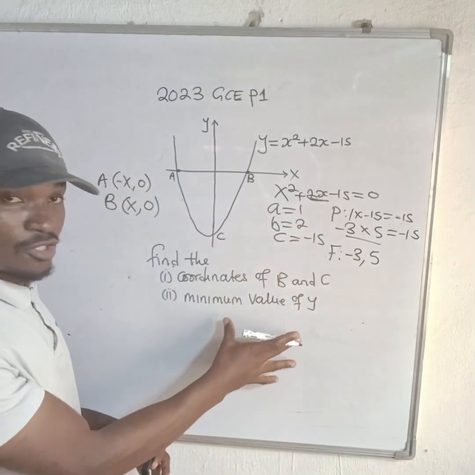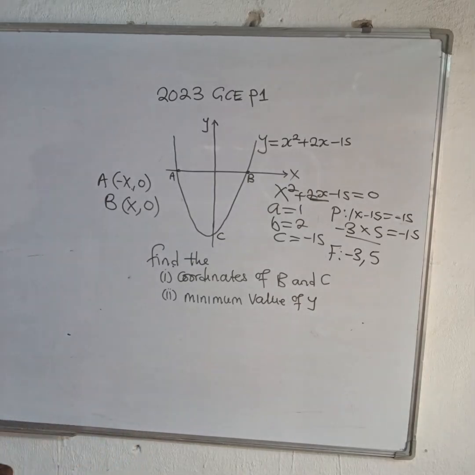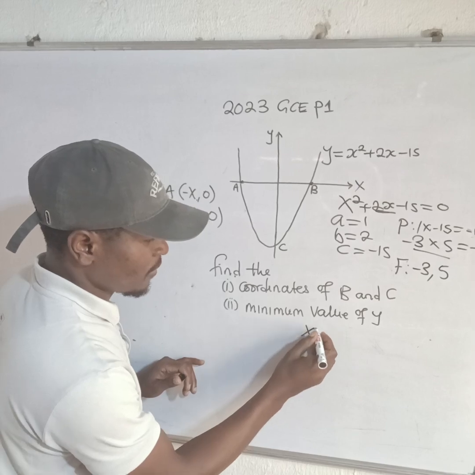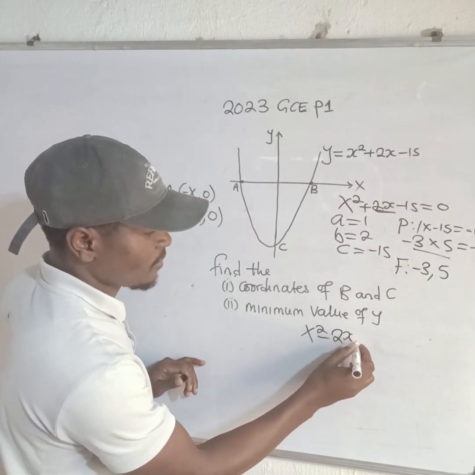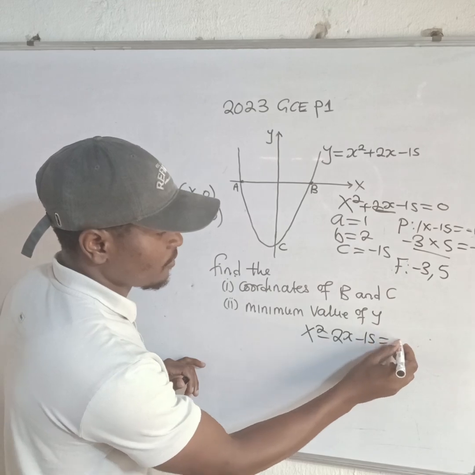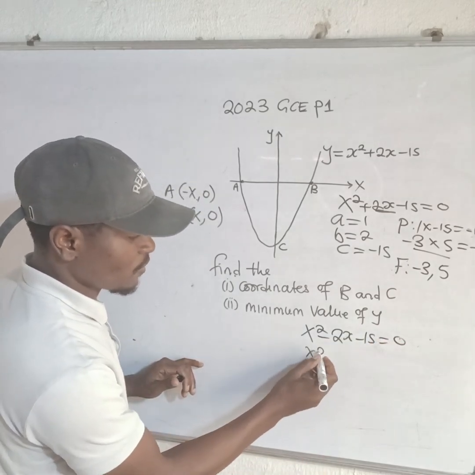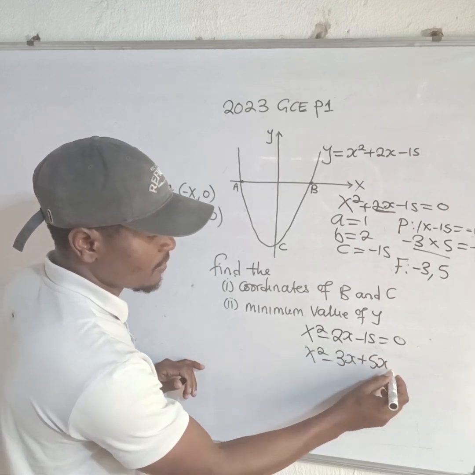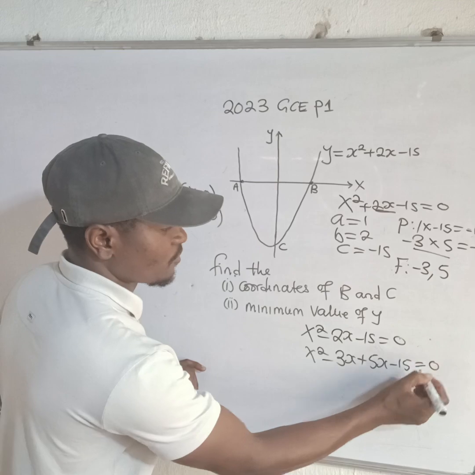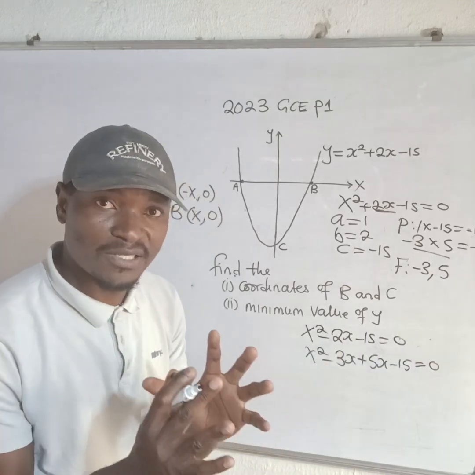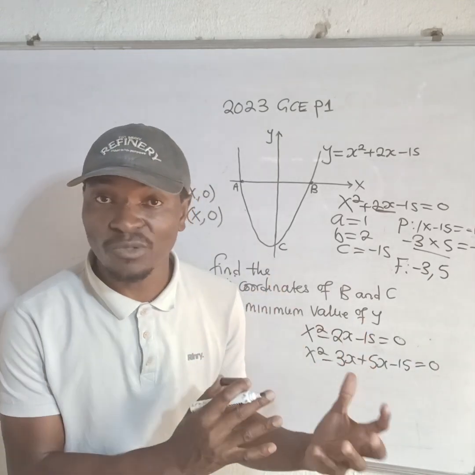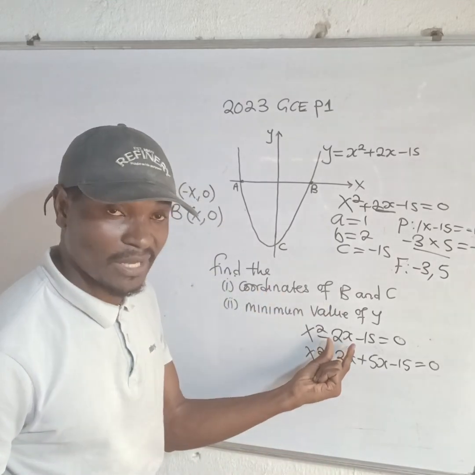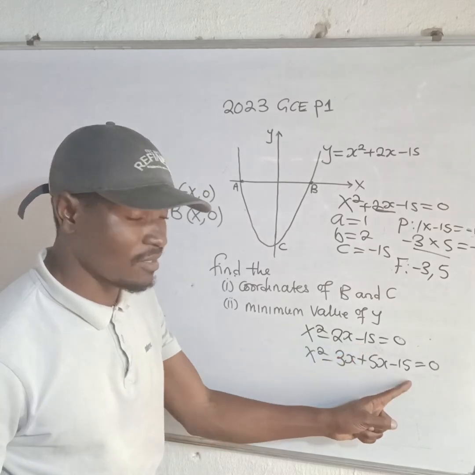So we say x squared plus 2x minus 15 equals 0 becomes x squared minus 3x plus 5x minus 15 equals 0. On the 2x, we have replaced it with the factors that we found, negative 3 and positive 5, and then we copy negative 15 down here.